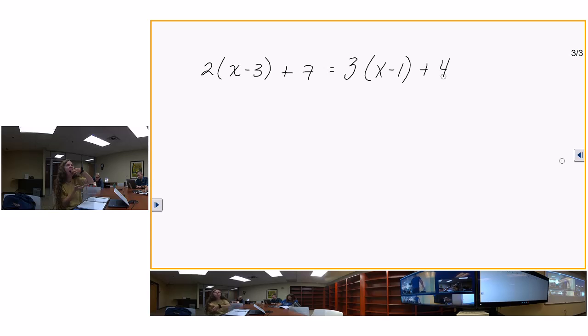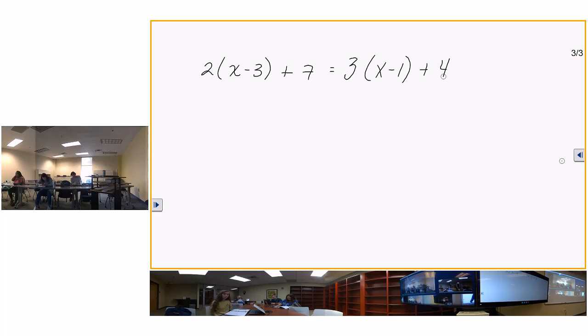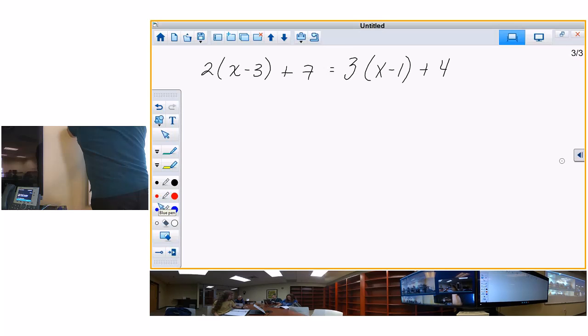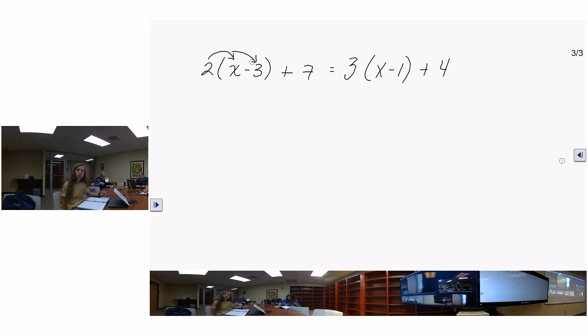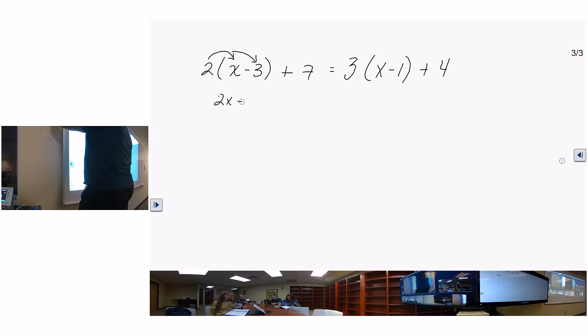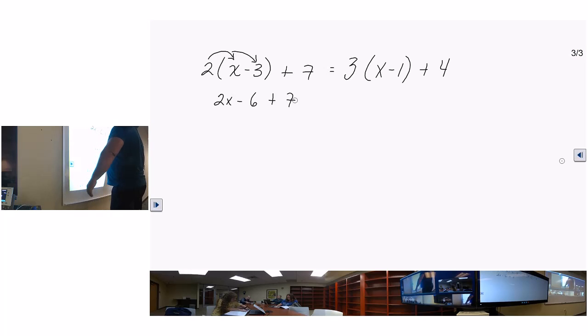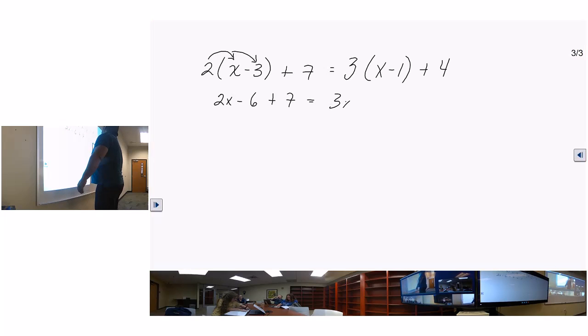All right, so what do we do first? Distribute. 2x minus 6 plus 7 equals 3x minus 3 plus 4.